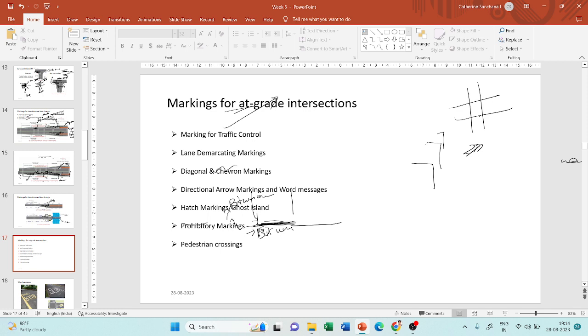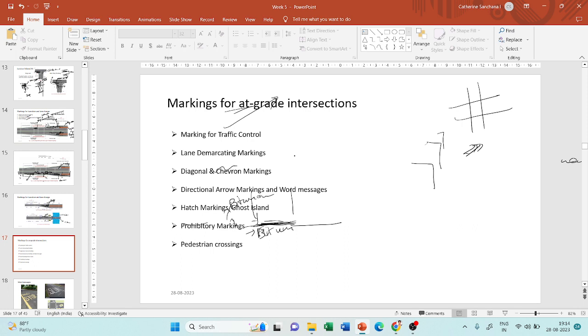Now what are the markings that could come in this at grade intersection? So let us guess the markings which could come. One is the stop sign, stop markings. It could be give way markings, right? These are probable markings that could come at grade intersections.